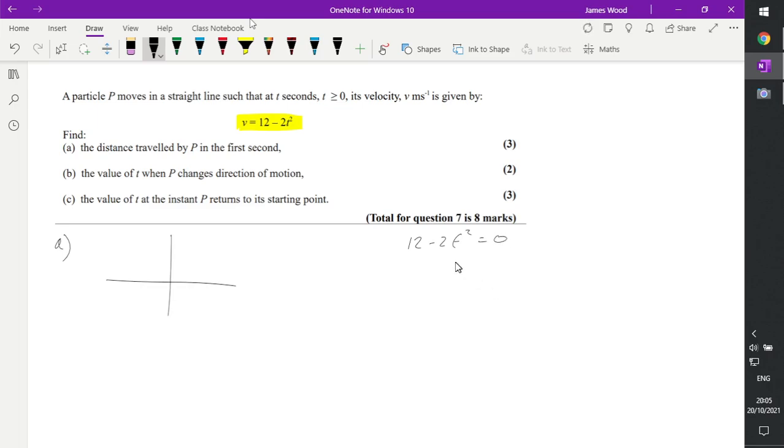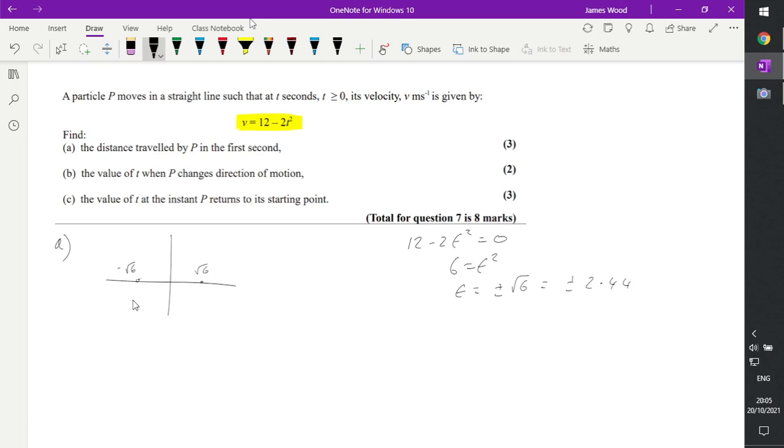I'm just going to try and find the roots quickly. So that gives me 6 equals t squared. So t would be plus or minus root 6, which is 2.44. Okay, so there, which is root 6.